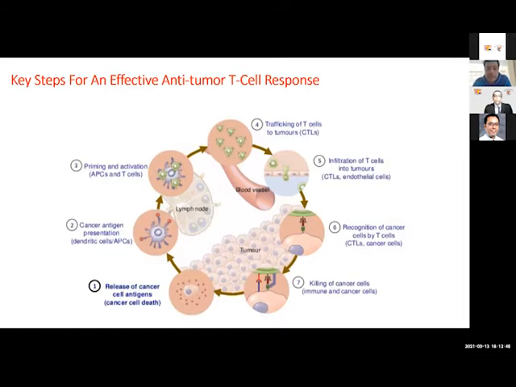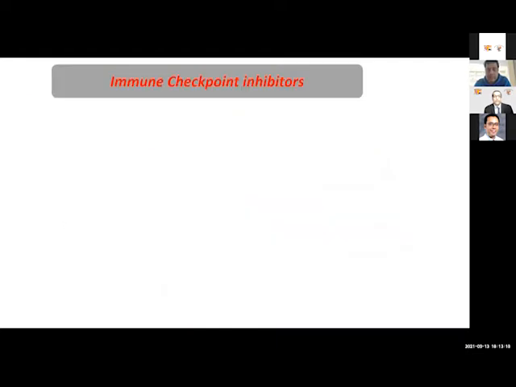So these are the basic steps for an effective anti-tumor T cell response. When some antigens of cancer cells are released, they are taken up by antigen-presenting cells or dendritic cells, which induce priming and activation of T cells. After that, T cells have to infiltrate the tumor microenvironment, where they interact with the cancer cells and recognize the antigen, then kill the cancer cells by different mechanisms like perforin, granzyme release, or other mechanisms.